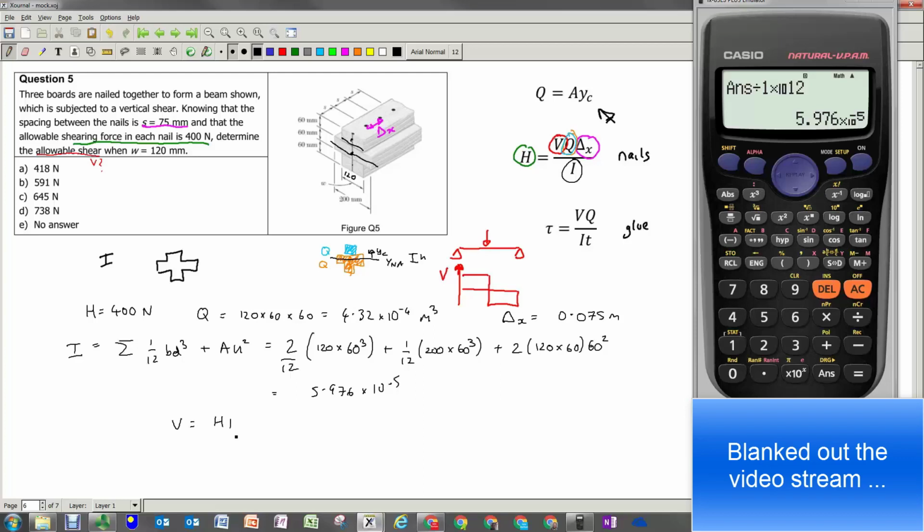Let's take our equation now. This particular question is asking us to work out the allowable shear force. So rearrange for V. So we've got H I divided by Q S. S is actually the symbol that you would more traditionally use when you're doing a nail problem.